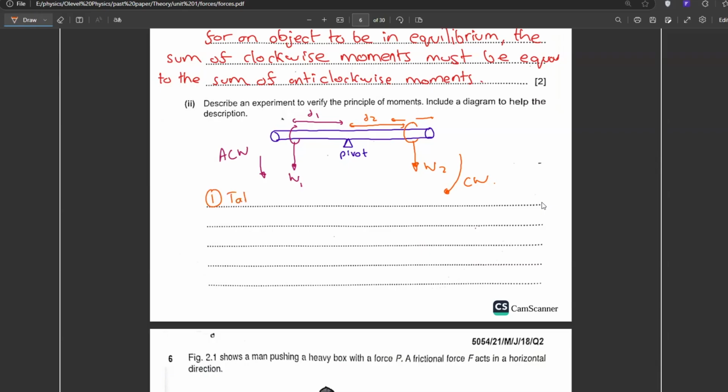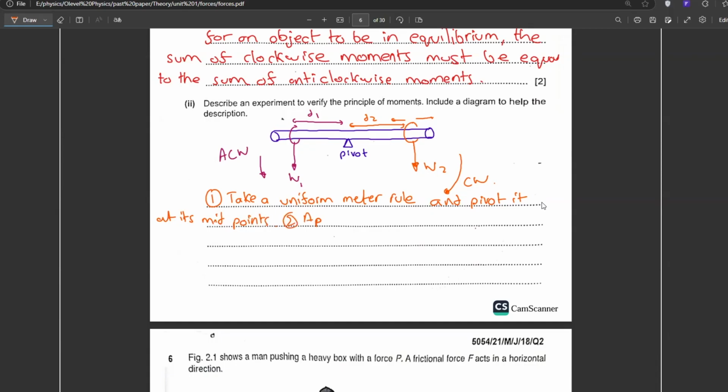You will say, take a uniform meter rule and pivot it at its midpoint. Secondly, what will you say?